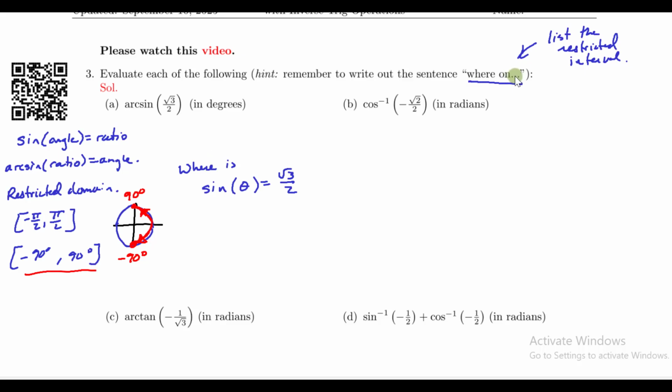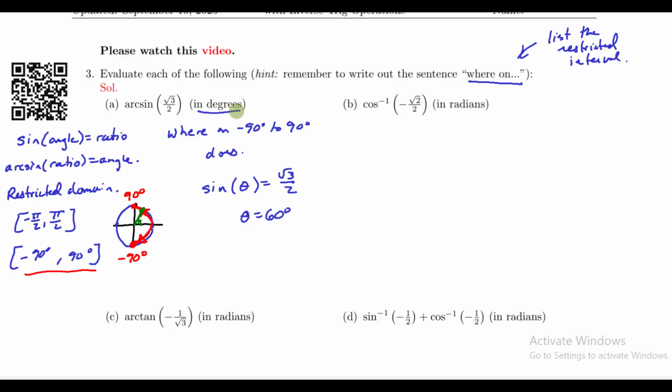So the sentence that I ask you to write is, where on minus 90 degrees to 90 degrees does the sine of theta equal the square root of 3 over 2? And in this case, that happens up here at this angle, and so that's at theta equals 60 degrees.